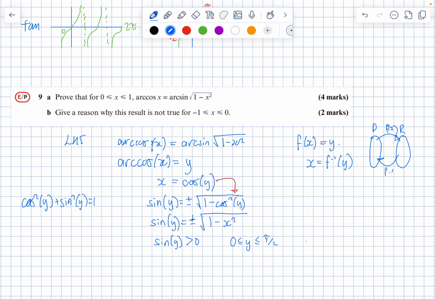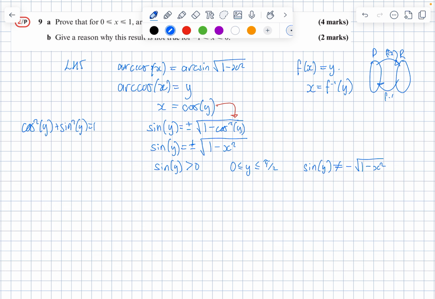So sine of y can't be equal to minus the square root of 1 minus x squared, because that would be a negative number.